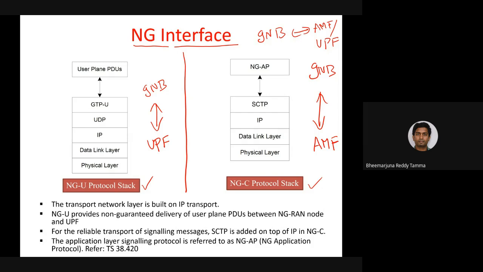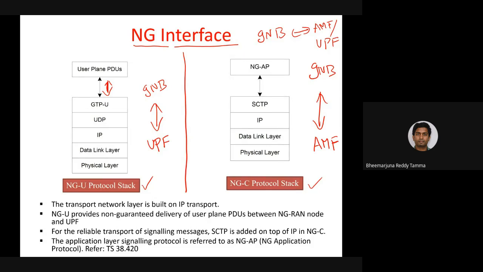But again, don't get confused here with this arrow. The arrow that you see here doesn't mean that this is your G node B and this is your UPF. That is not correct. That is not what I mean by the arrow. What this arrow means, and it is there both in the control plane stack and the user plane stack, is that we have the user plane PDUs.